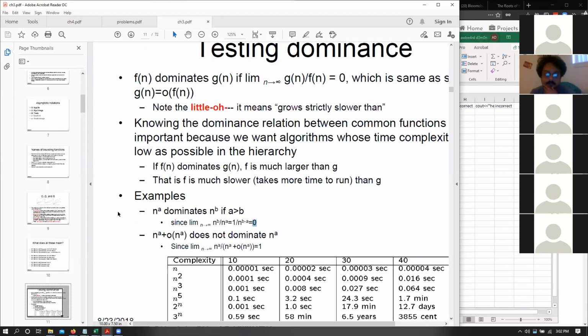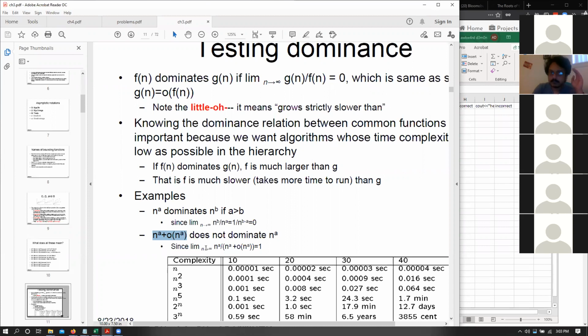Similarly, let's say that we have this particular complexity, n to the A plus little o of n to the A. So when I say we are adding little o, that means that we are adding a group of functions multiplied by some constant, does not matter what, but a group of functions within this realm of functions of n to the power of A. So when I say n to the power of A plus some function that grows with n to the power of A, then you know that it does not dominate n to the power of A, right?